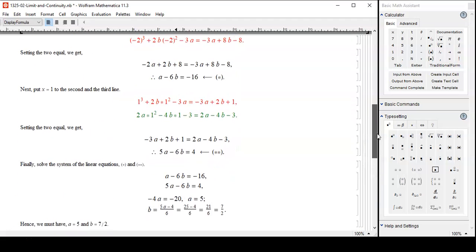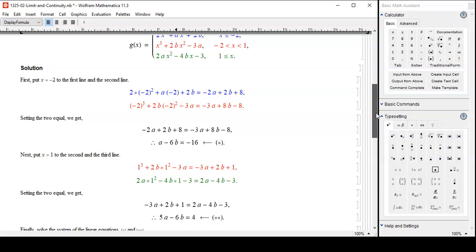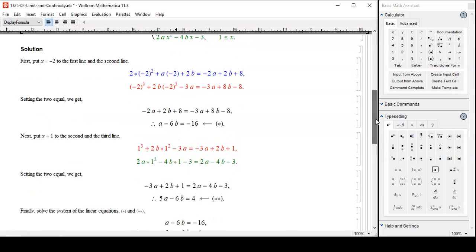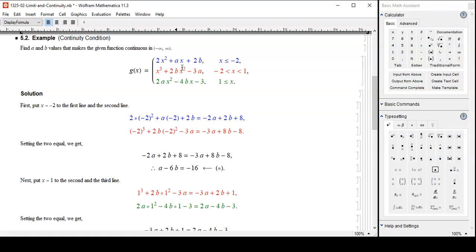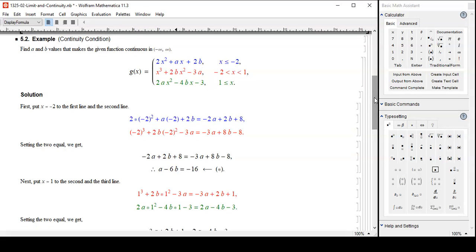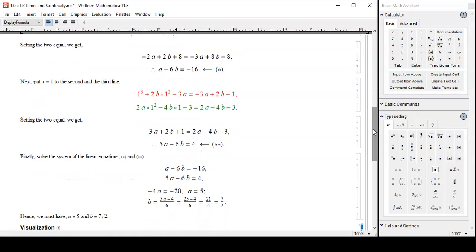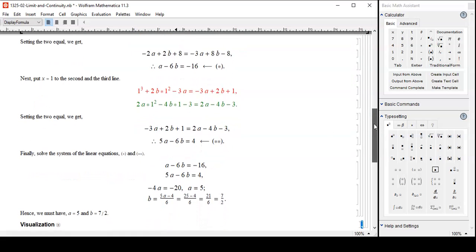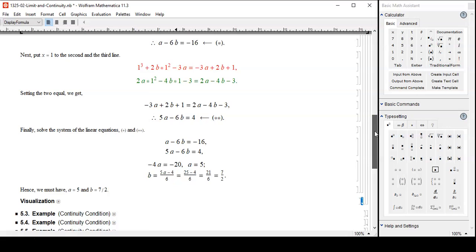These kind of problems are very, very comprehensive in a sense that you have to review a lot of things. You have to go back and review those piecewise defined functions, and then the idea of limits, what to plug in, how to set up equations, and then how to solve those system of linear equations, and so on and so forth.